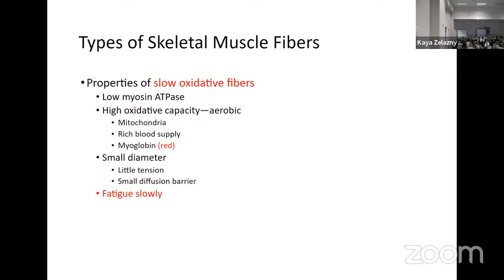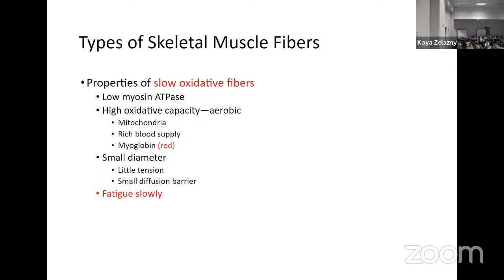Plus they have myoglobin, that oxygen storing chemical that makes them more red in color. Because they are doing oxidative phosphorylation and they have that oxygen need, and oxygen has to diffuse, they're small in diameter. So that's that second bullet point, that small diffusion barrier. And we're really thinking about oxygen and its need to diffuse.